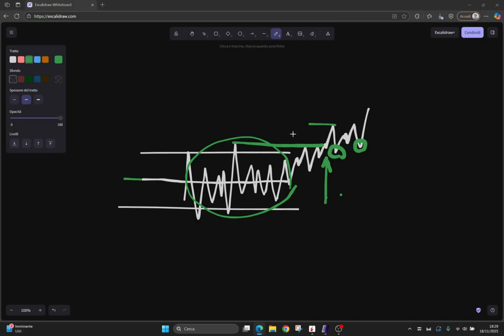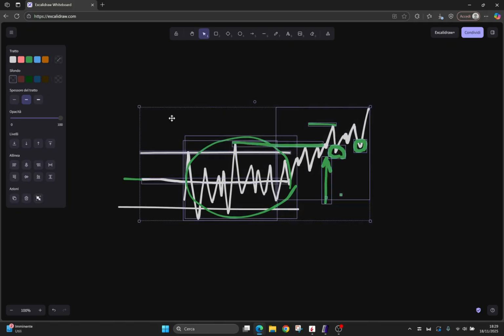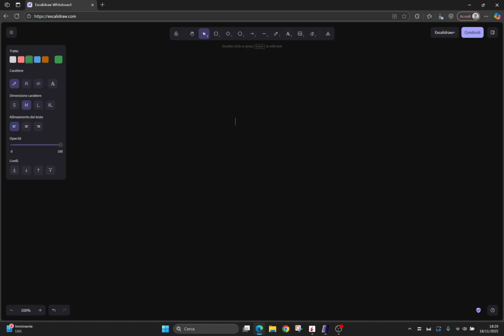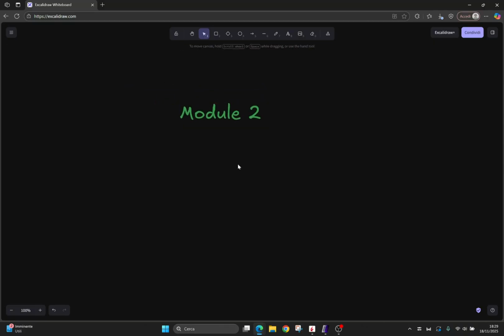Second module. On the second module, you need to understand the concept of value.